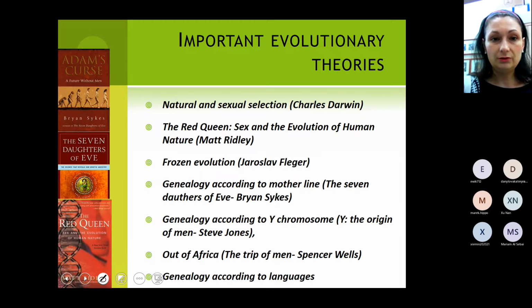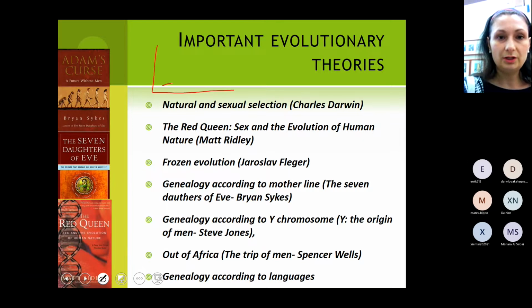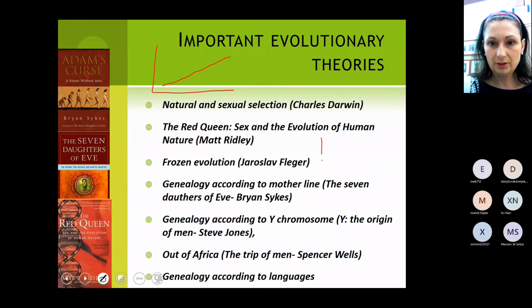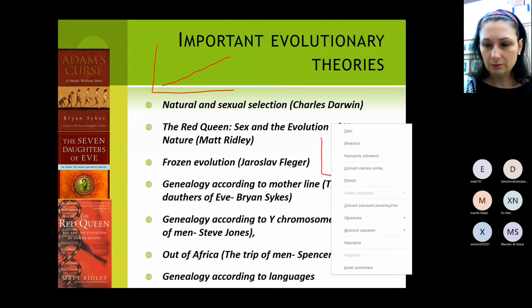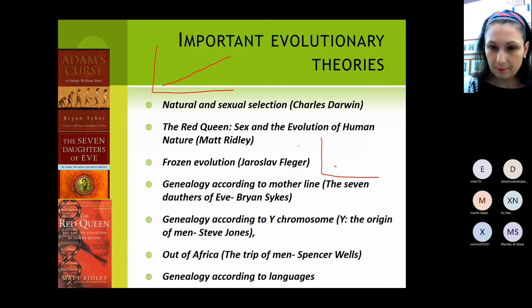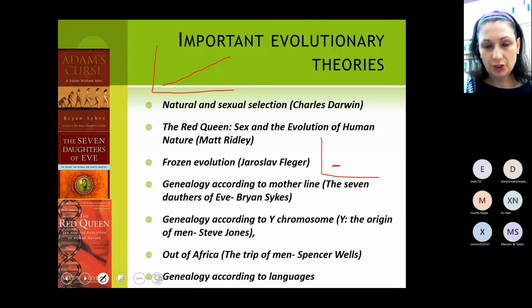So for example, Charles Darwin considers evolution a smooth process. However, Frozen Evolution expects that if we are not pushed by the environment or some circumstances to change, we remain all the time the same.